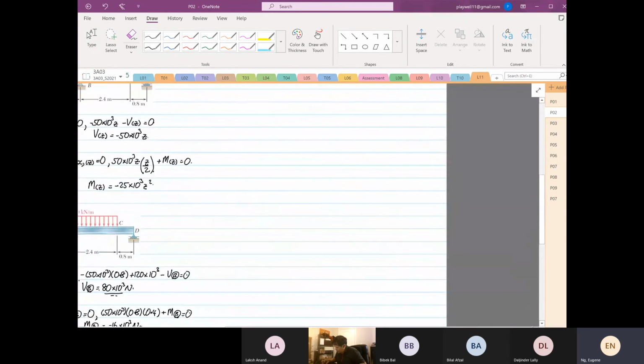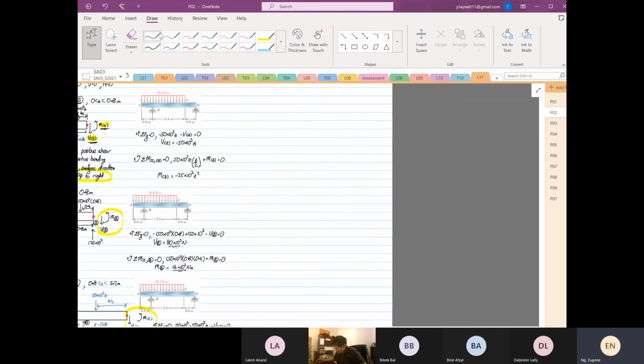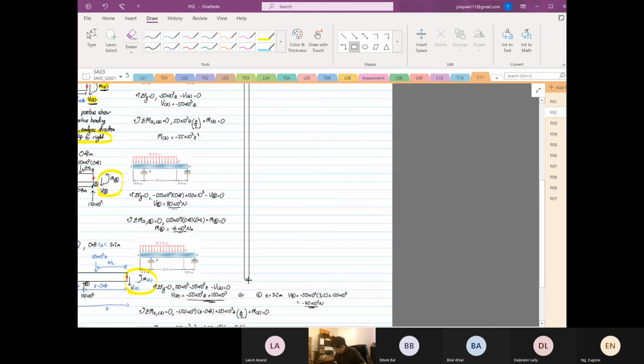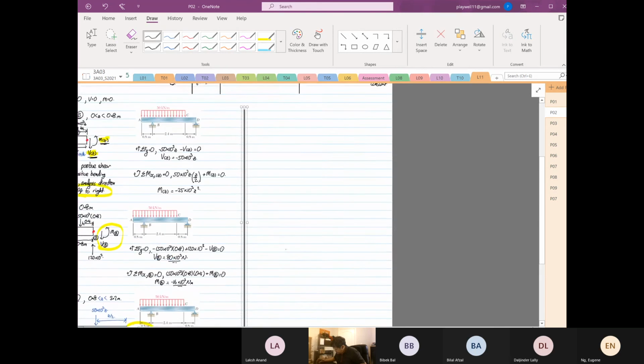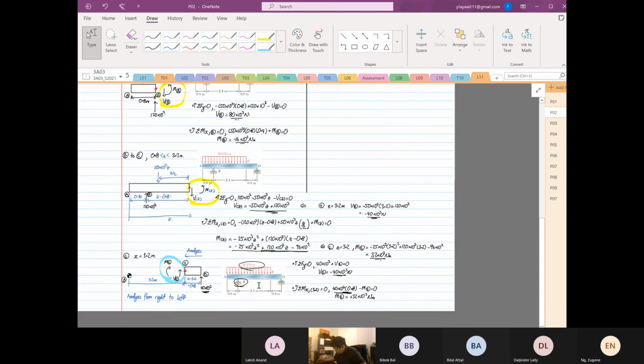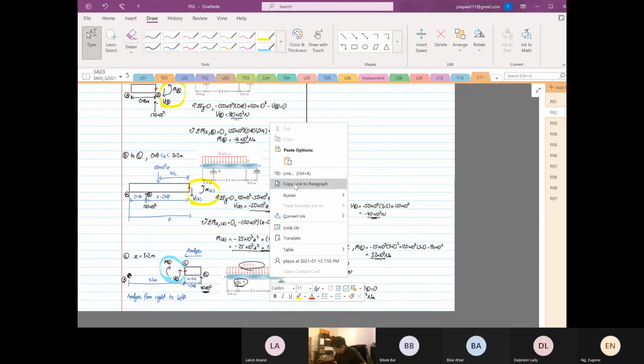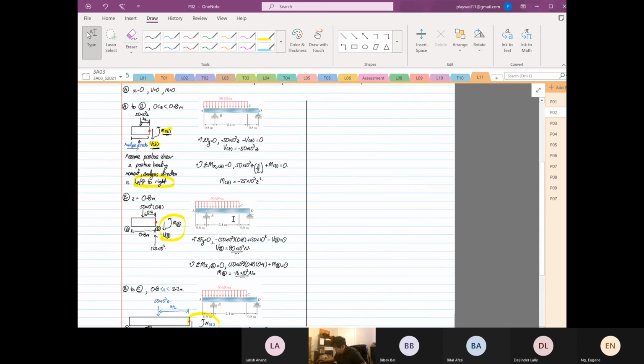I'm going to save space. I'm going to write down here. So now you can copy the diagram.